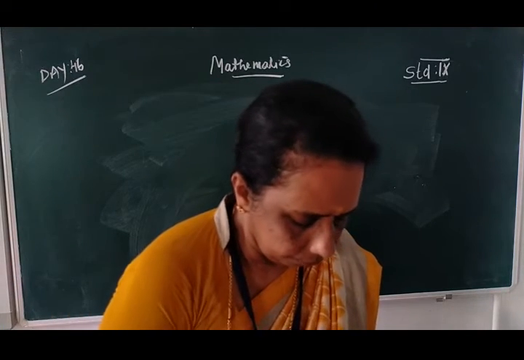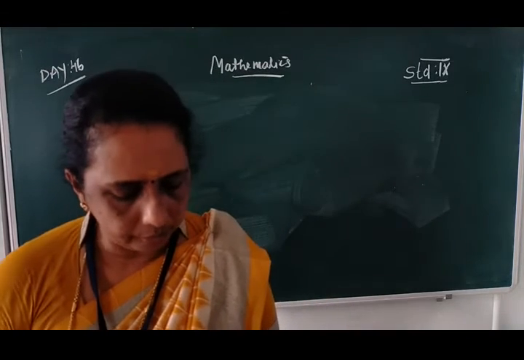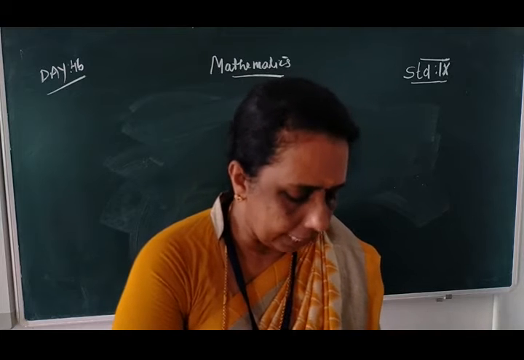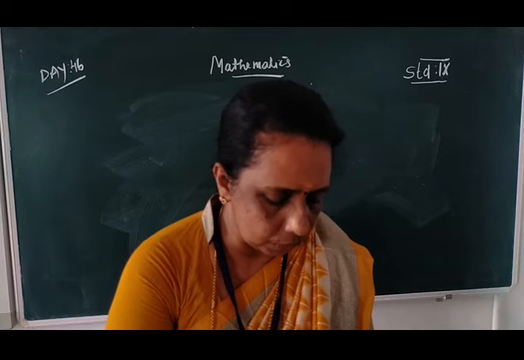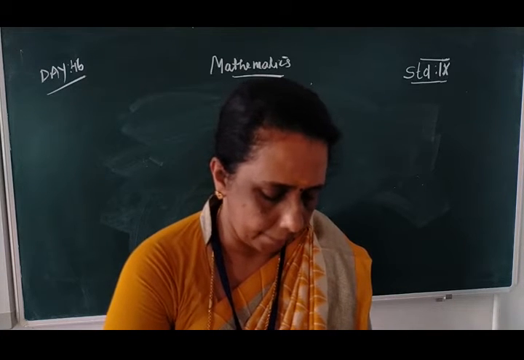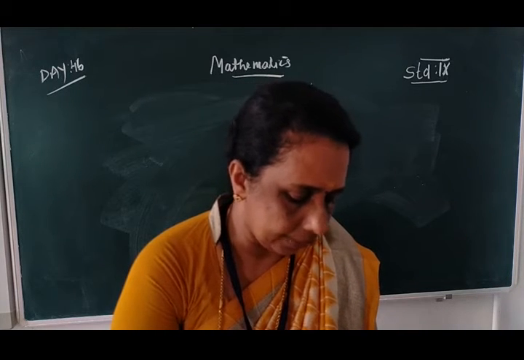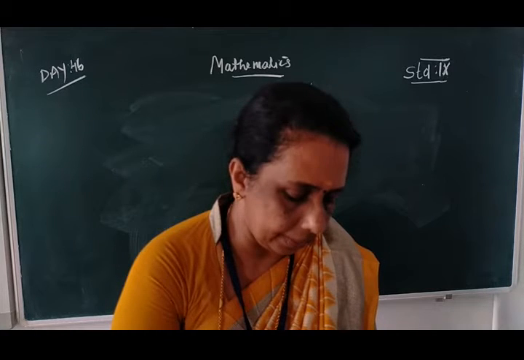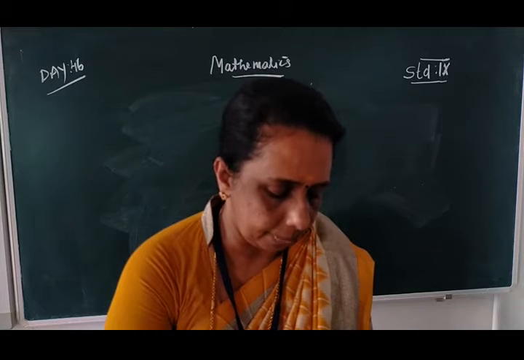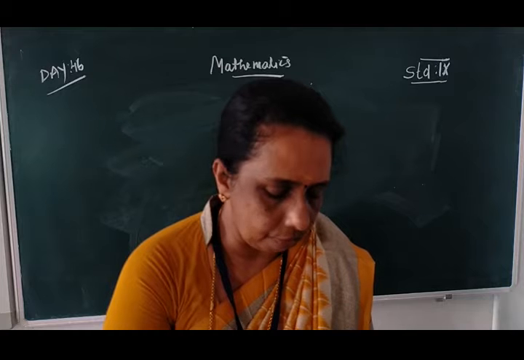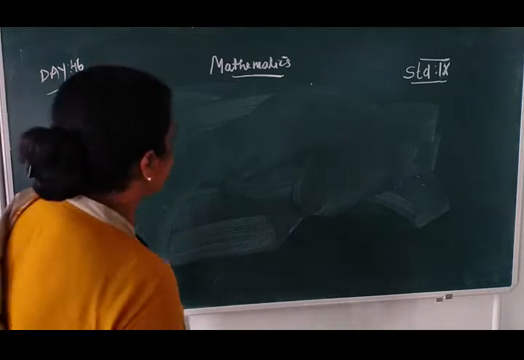Question: In the figure, the side QR of triangle PQR is produced to a point S. If the bisectors of angle PQR and angle PRS meet at the point T, then prove that angle QTR is equal to half of angle QPR. Last problem, question number 6.